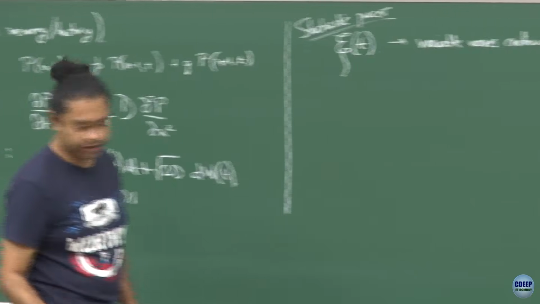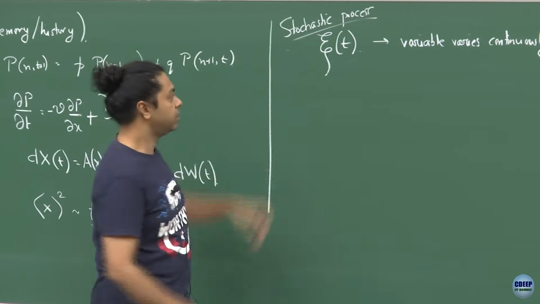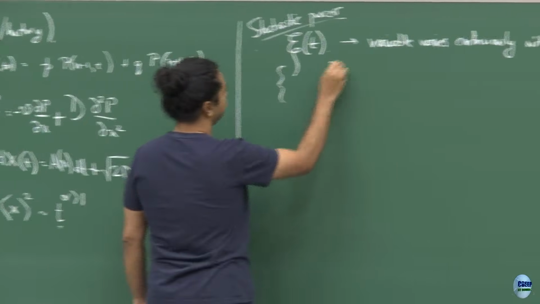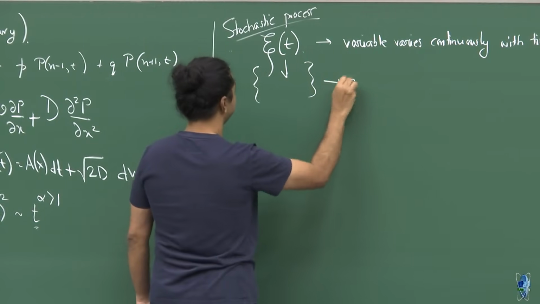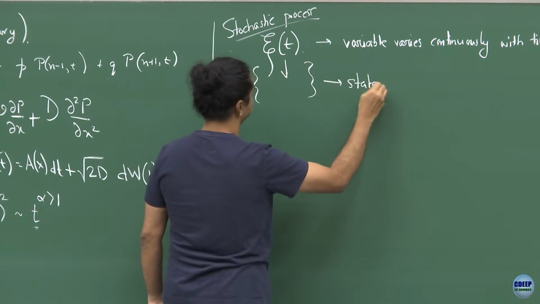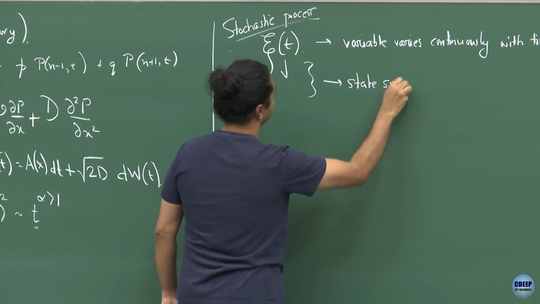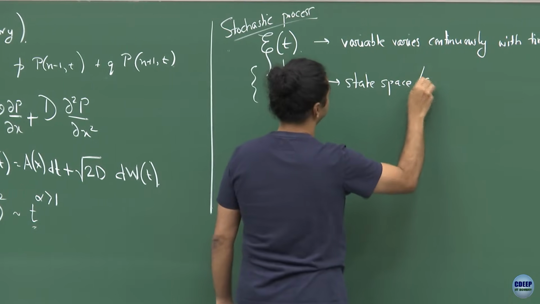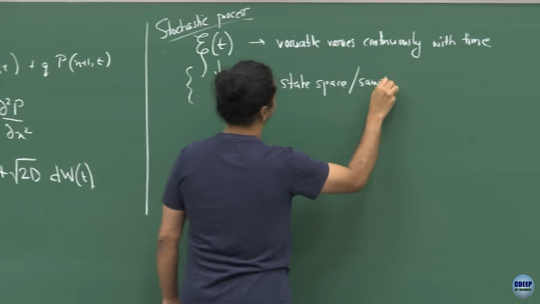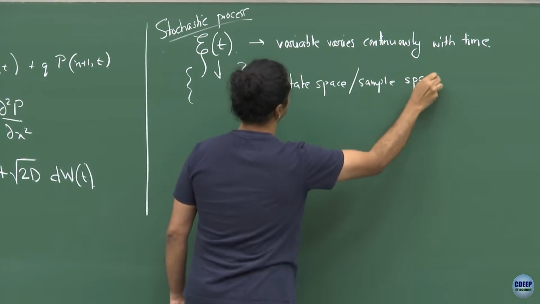The set of values that this psi can take is called the state space or sample space, and that can be discrete or continuous.